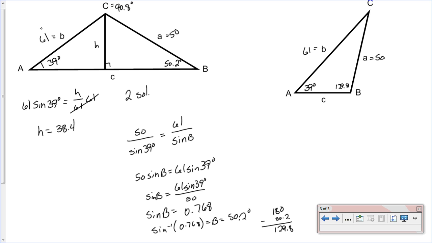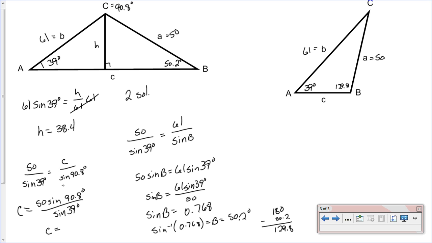Remember, always go back to using your given information. Always use your given information as much as possible. So again, 50 over the sine of 39 degrees equals C over the sine of 90.8 degrees. So C equals 50 times the sine of 90.8 degrees divided by the sine of 39 degrees.